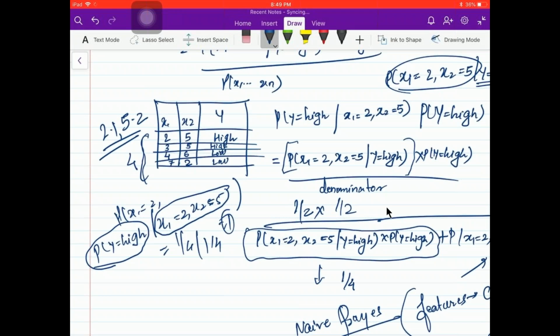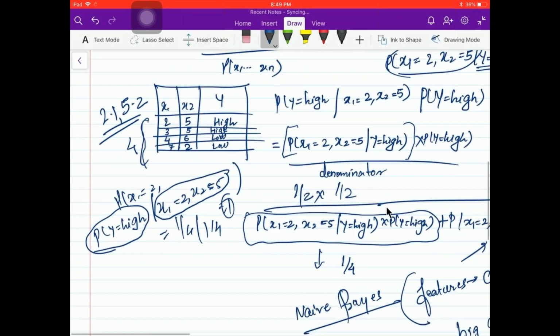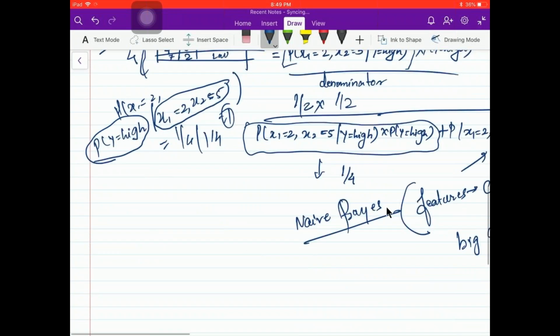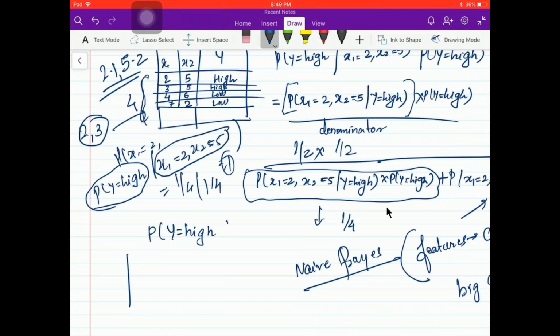and x2 as 3 and suppose y as high. Suppose you want to predict now. Someone gives you 2 and 3. Now you have to predict what my y will be. Will it be high or low? You don't have 2 and 3 in your data, right? So what you'll do is ask, what is my probability of y equal to high given x1 is 2, x2 equal to 3?